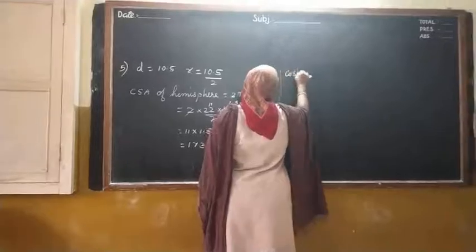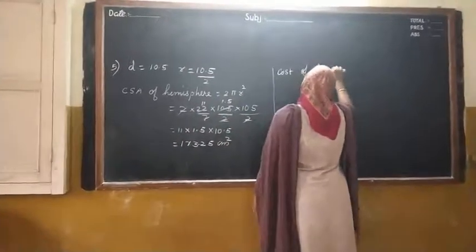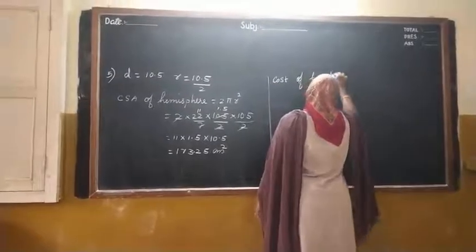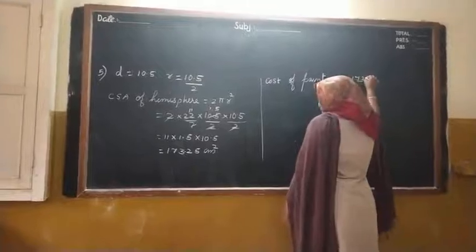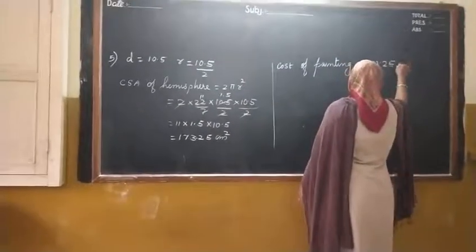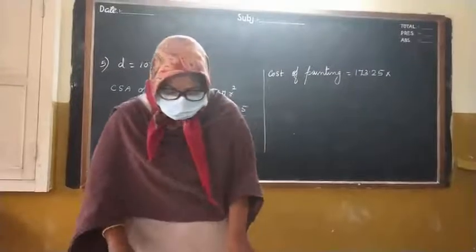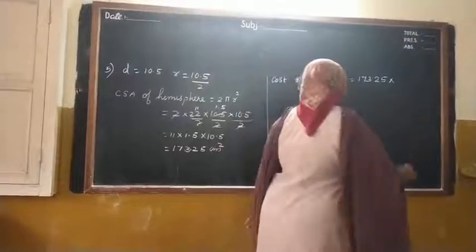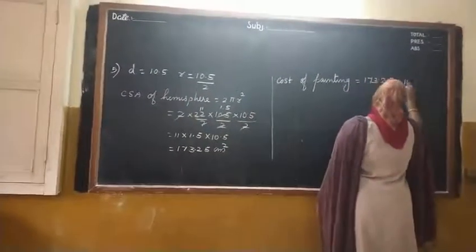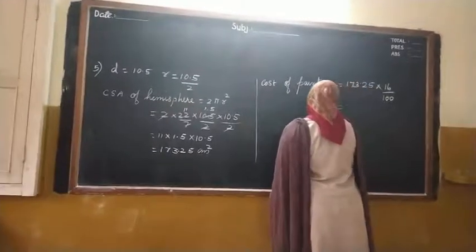Now the cost you have to find out. Cost of tin plating is equal to 173.25 multiplied by 16 by 100. So multiply by 16.